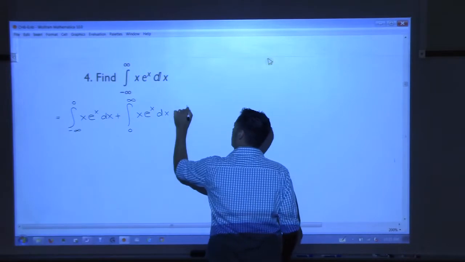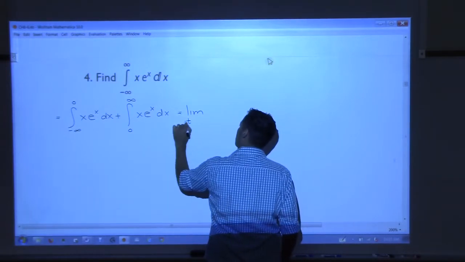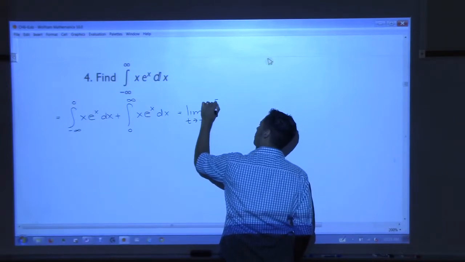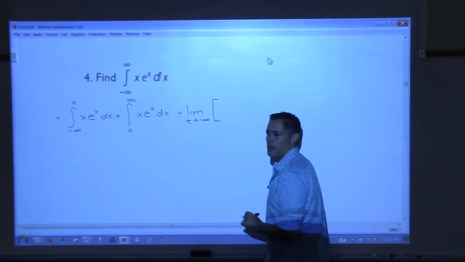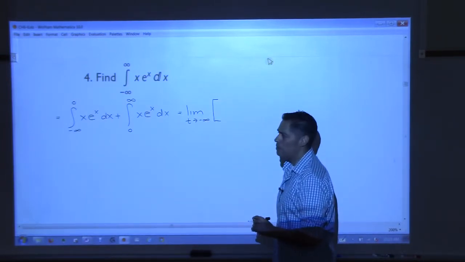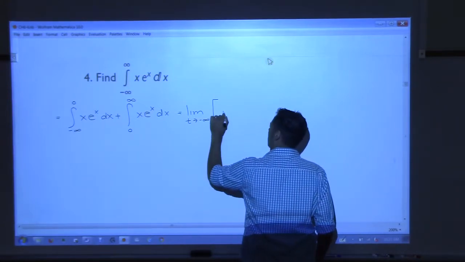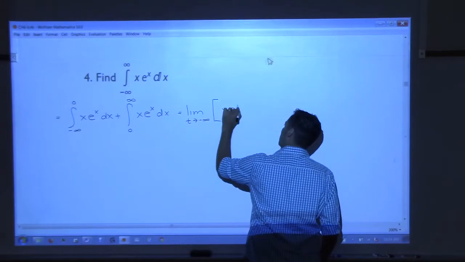This will be the limit. I'll use t goes to negative infinity of, can I go ahead and take the antiderivative now? Yes? Let me just take the antiderivative, which we said was x e to the x minus e to the x, right?